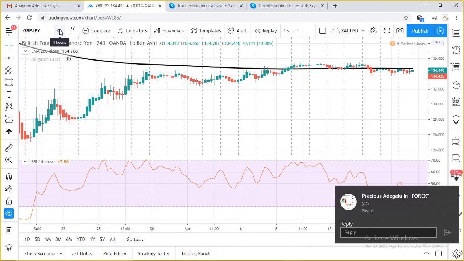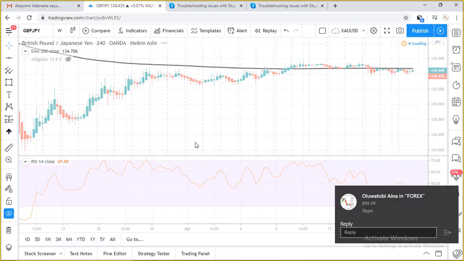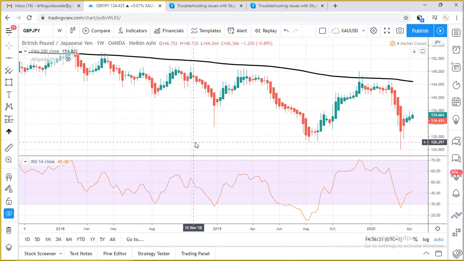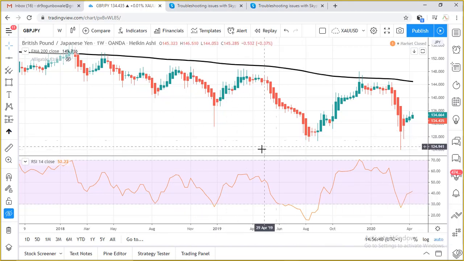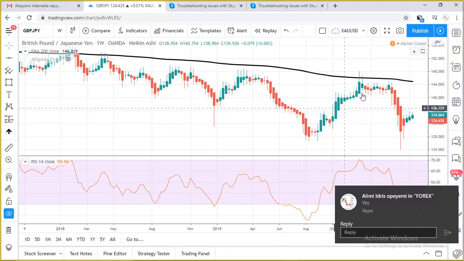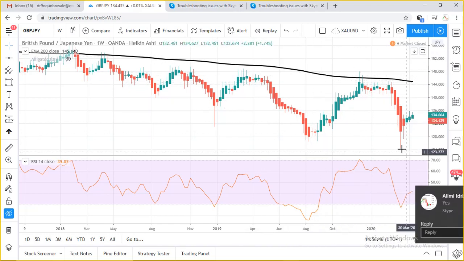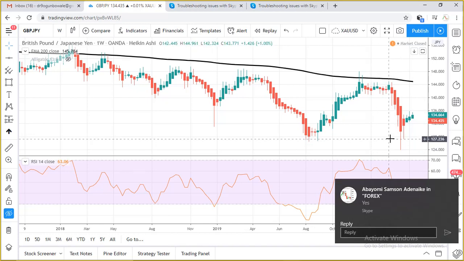So the history of GBP JPY, we've talked about it. We said a week. Now, just like I told you, a week is alright. This is weekly candle. So this is around September. The price moved up here to move down. And like I told you, when you are trading this particular pullback, it's buying.